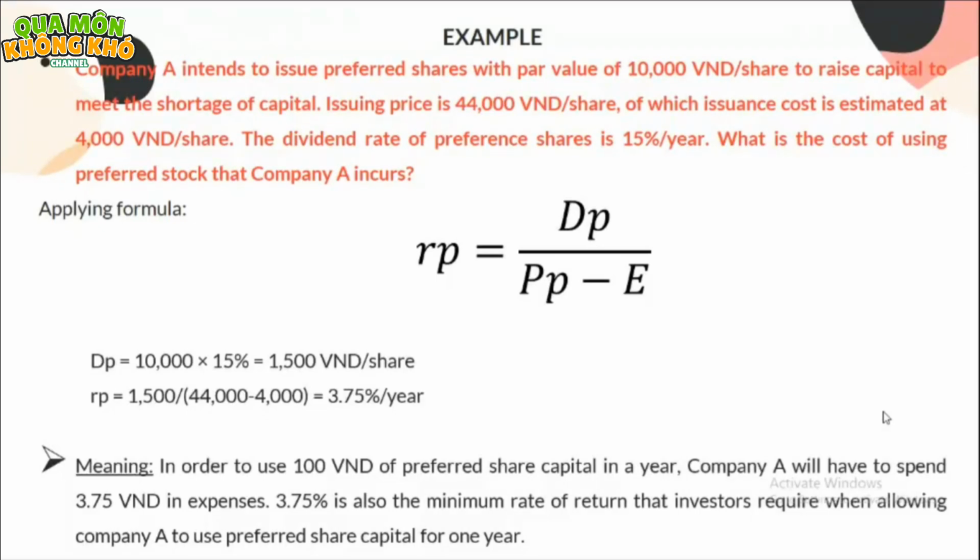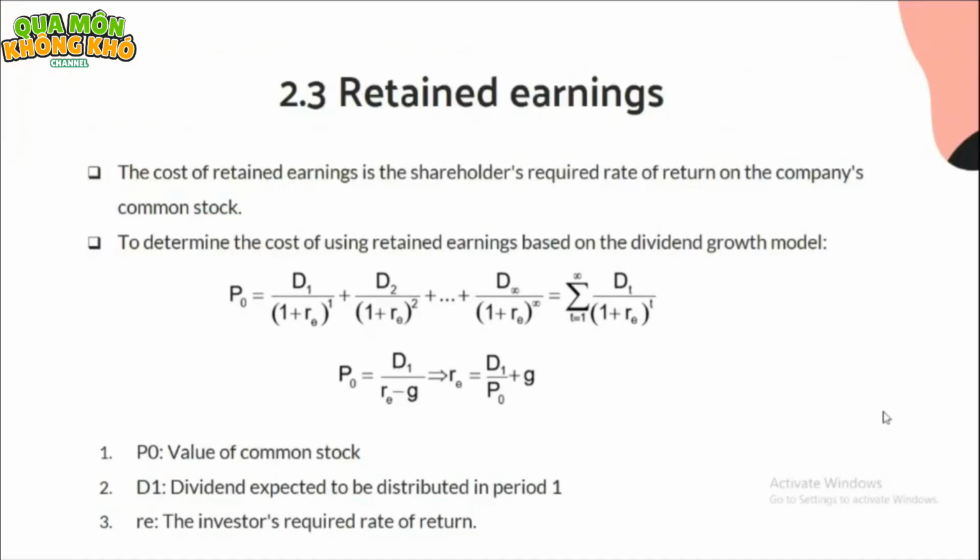And RP, we will use the formula and we will calculate that the cost of preference share will be 3.75% a year, and the meaning, just like the cost of debt, is that 3.75% is the minimum rate of return that investors require when allowing company A to use preference share for 1 year.